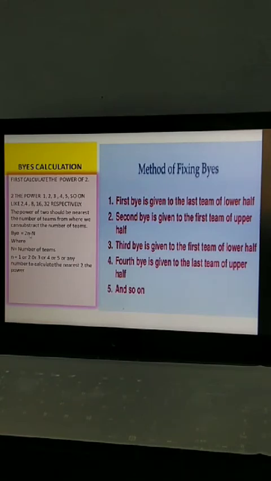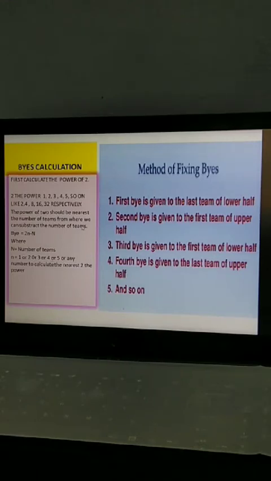So either it is small n or small x. It is only the number of rounds, where capital N equals the number of teams and small n equals 1, 2, 3, 4, 5 or any number, to calculate the nearest power.